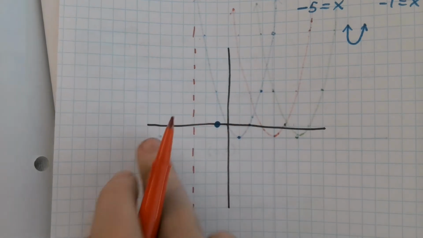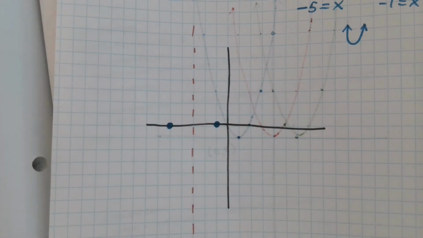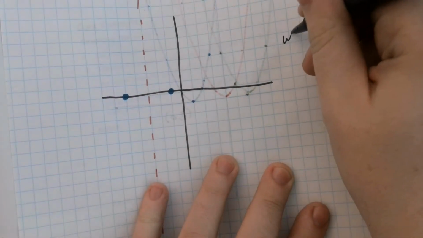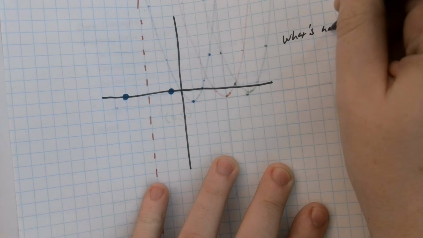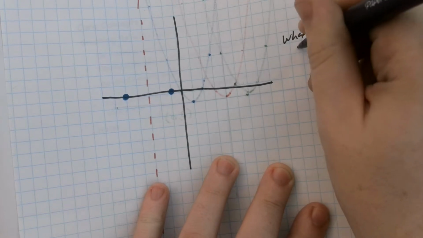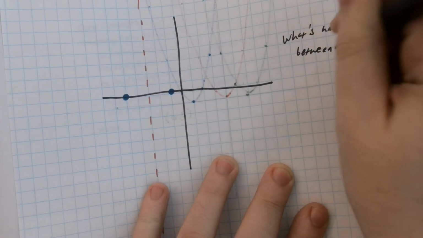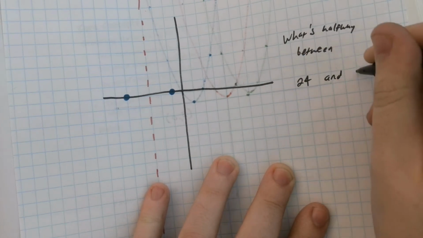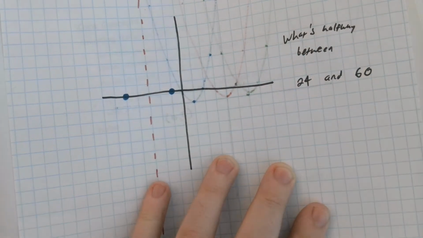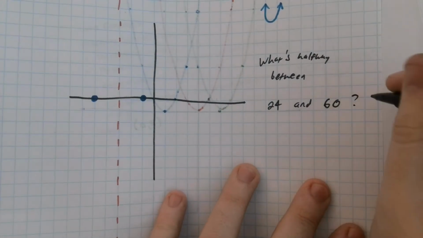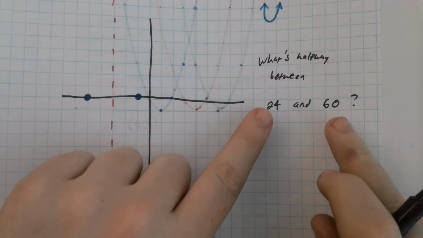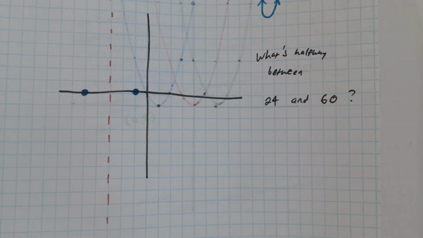Anytime you're trying to find the halfway point between 2 numbers, you're really trying to find the average. Like, let me ask you, what's halfway between 24 and 60? If you wanted to find what's halfway there, you could just work your way towards the middle bit by bit, but there's actually an easier way of doing this.